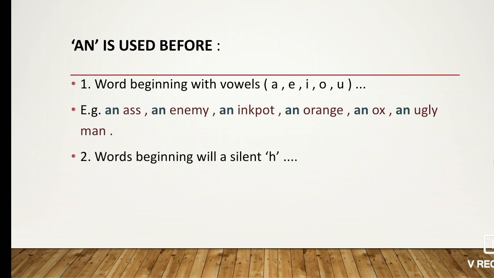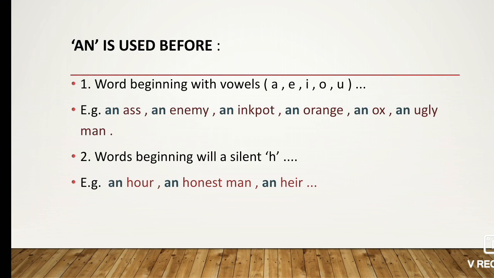Number 2, words beginning with a silent H. For example, an hour, an honest man. Look at the spelling. First, an hour, H-O-U-R, but here H is silent, so you can use the article an before these words.